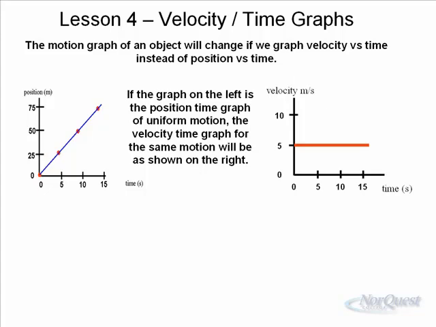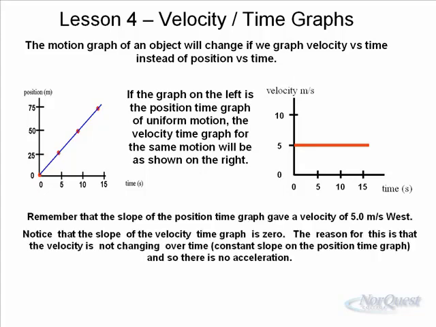The velocity was 5 meters per second when the boat went by the marker, and it stayed at a consistent 5.0 meters per second. Now, the slope of the position time graph gave a velocity of 5 meters per second west, and that is constant because the slope of the position time graph is constant.